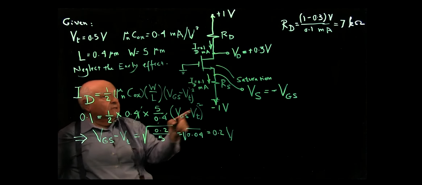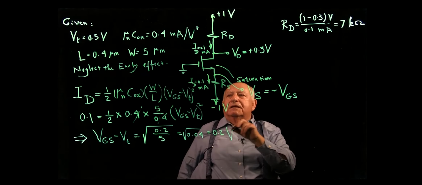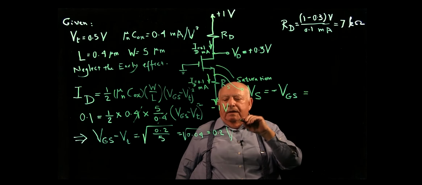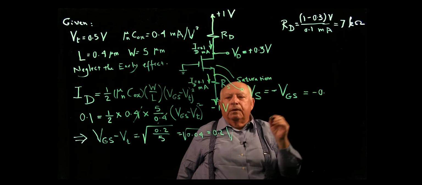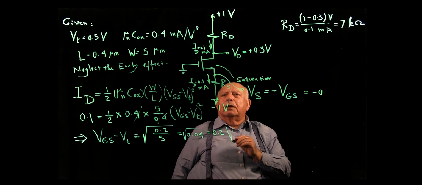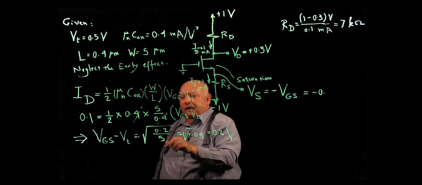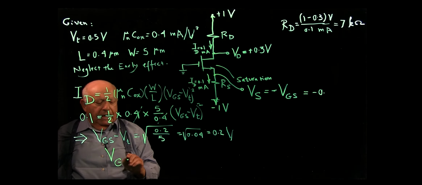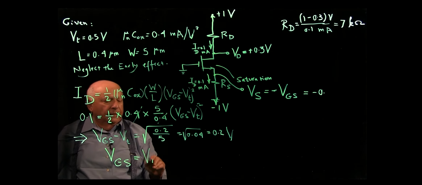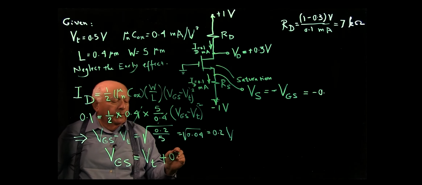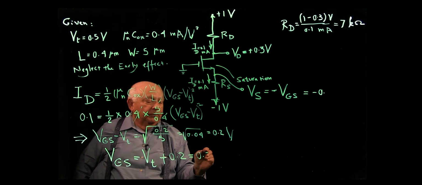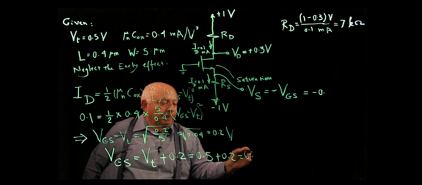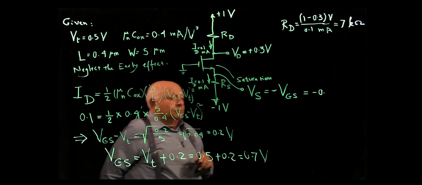That's great. Sorry, we missed something here. That's VGS minus VT, so we have to get VGS as VT plus 0.2, and VT is 0.5 plus 0.2, so that's 0.7 volt.